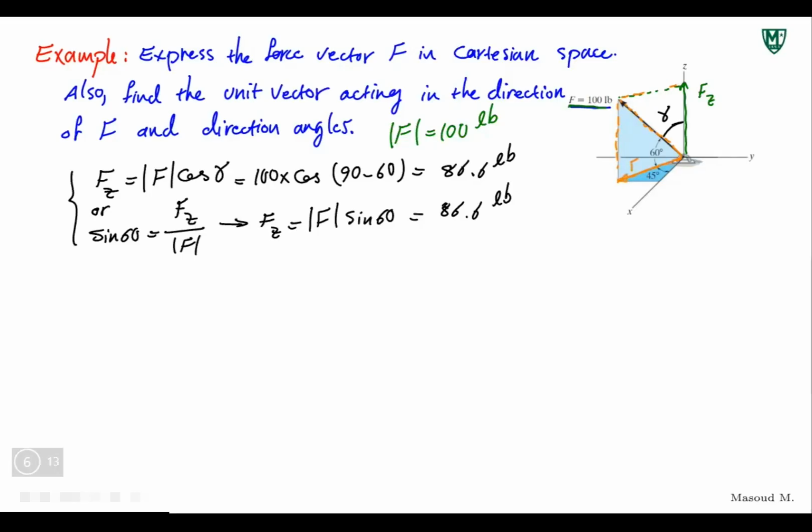I call this F prime for the lack of a better letter. What is F prime? F prime is the projection of F on the XY plane. So let me write it here: component of F, or projection of F on XY plane.